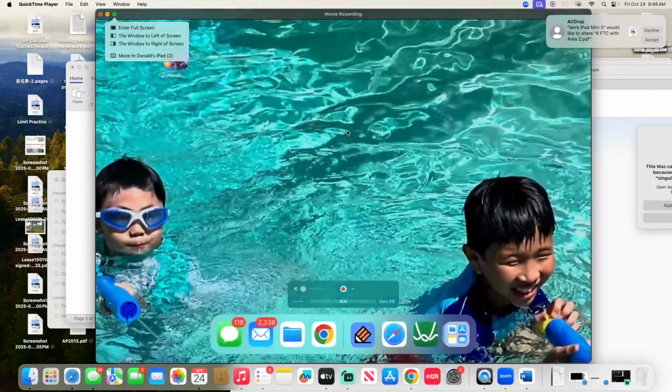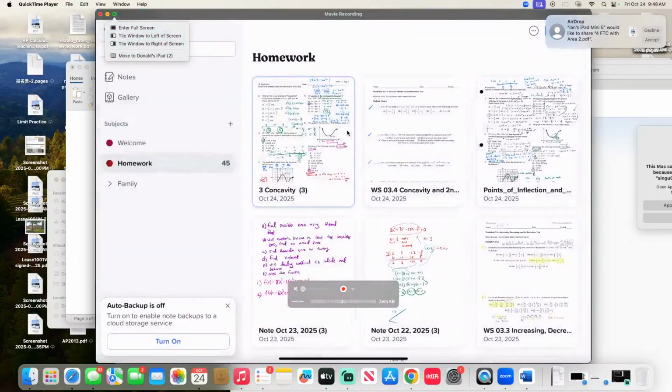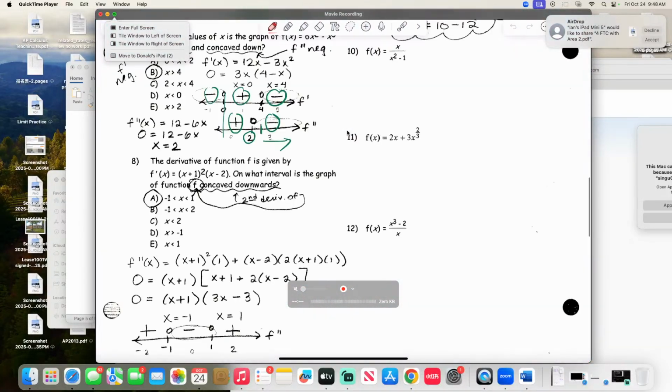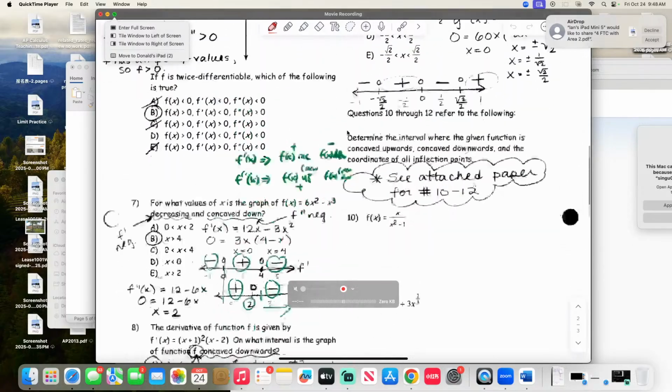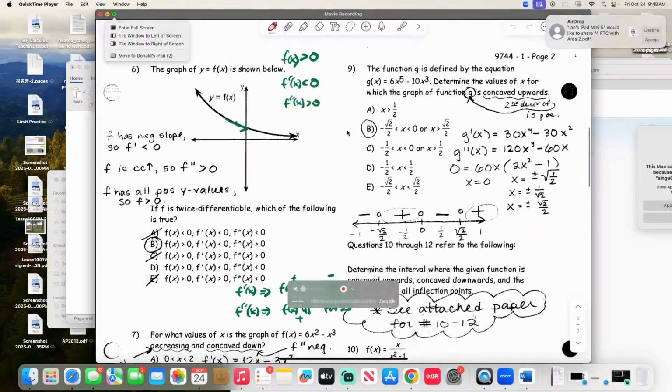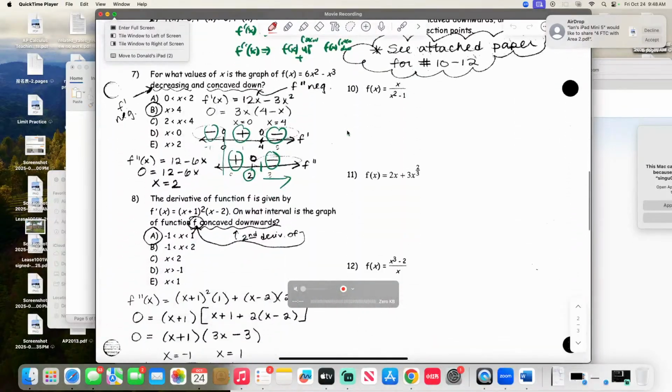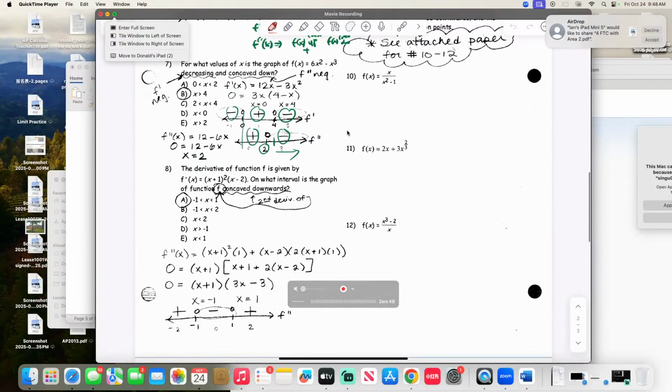Okay, I'm going to give you the answer for the other one, so that way you can see the work. Because f prime of x is equal to (x plus 1) squared times (x minus 2), you have to take another derivative to get concavity.